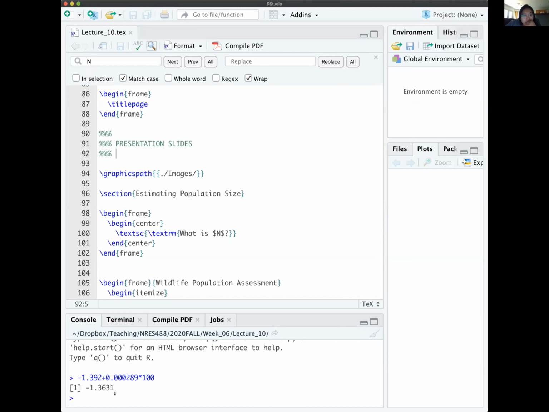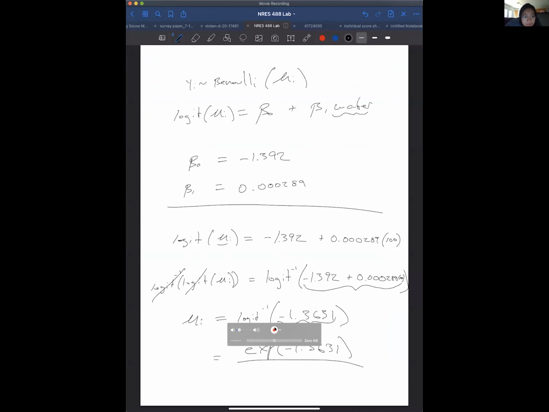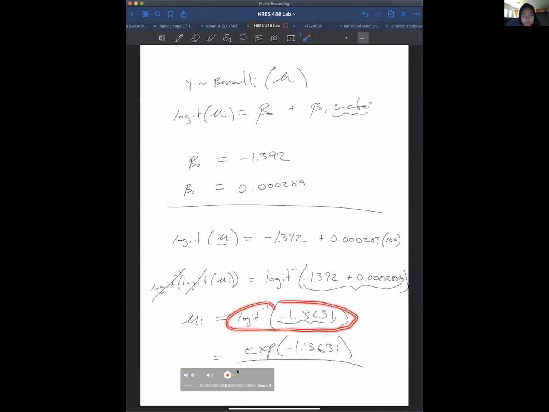And now we just have to figure out what this logit inverse function is. And we've talked about that. Oh, wait, I can't see it. Sorry. Let me change back. So we have the inverse logit of this.